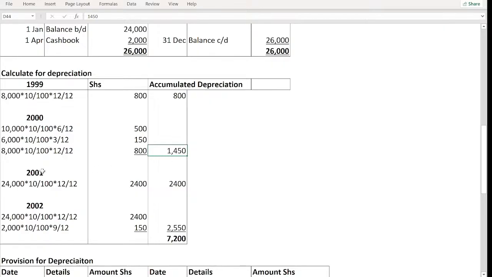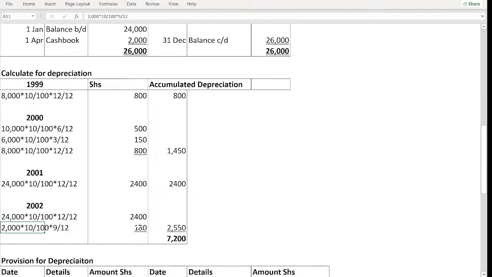In 2001, we saw we carried down 24,000 for all the items. So we calculate the depreciation using the whole 12 months. So we are going to get 2,400, and also in 2002 we shall calculate the balance brought down for 24,000 for the whole year, which is 2,400, and also the 2,000 which we bought and planned from 1st April, so that is 9 months.